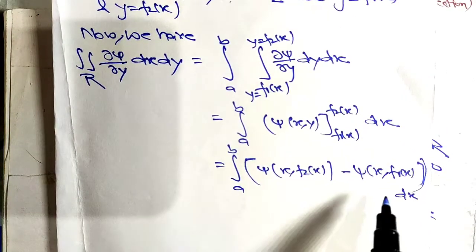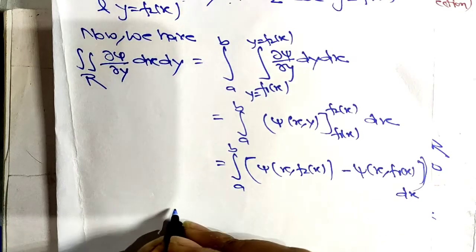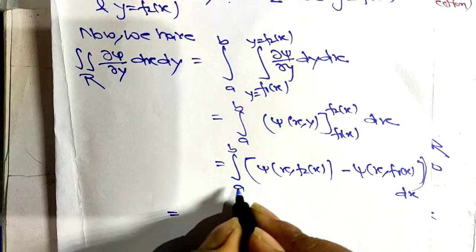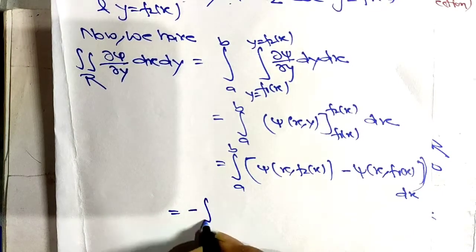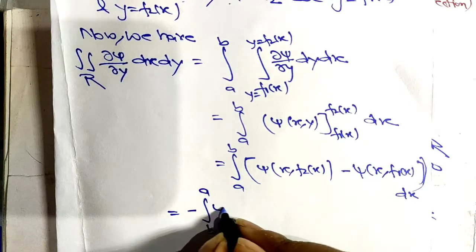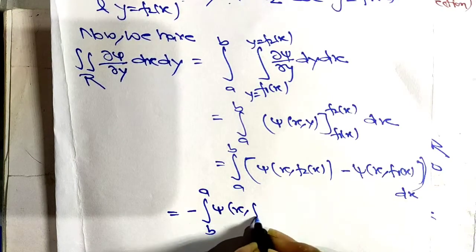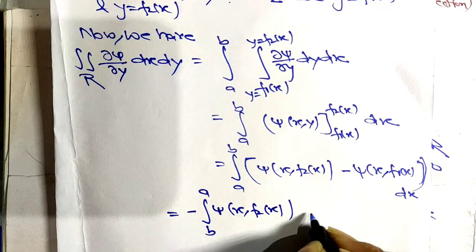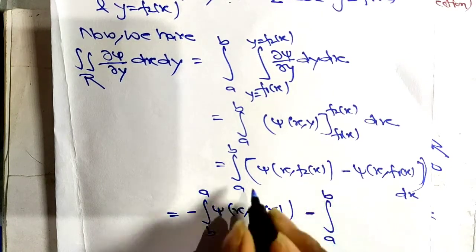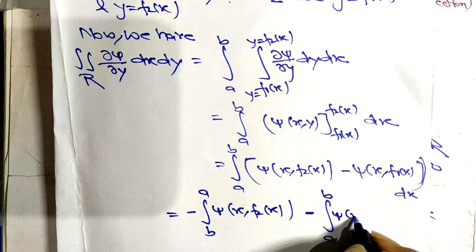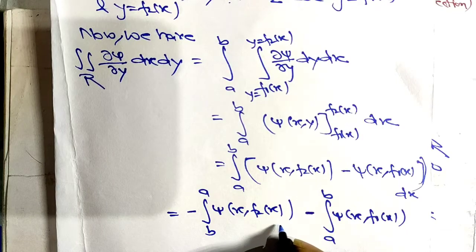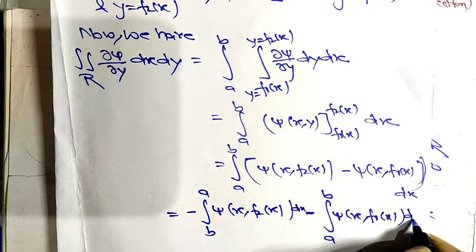Now we are going to integrate with respect to x. After changing the order of limits, a to b can be written as b to a, it will become minus integral b to a. I hope you know this property of integration. This is minus integral a to b, and we keep the other term simply as before, psi(x, f1(x)) dx.